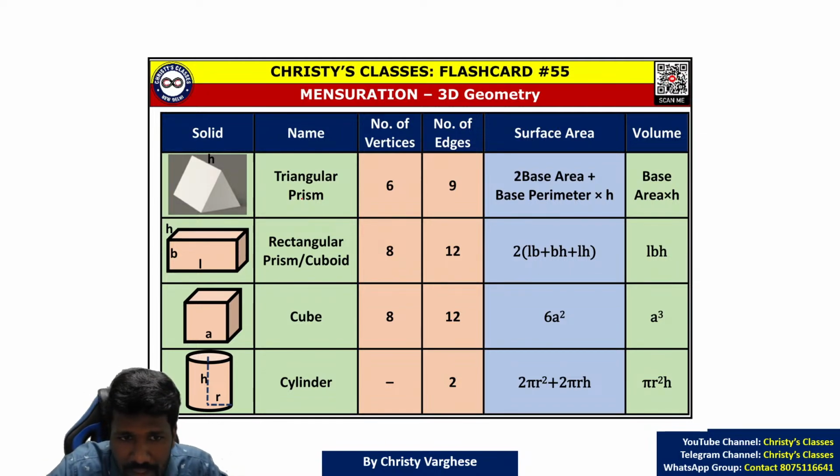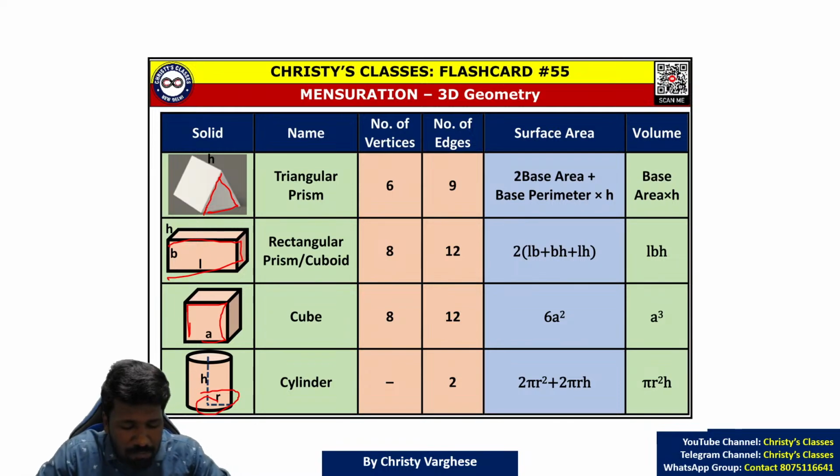The idea of a prism is, for example, a triangle or a rectangle or a square or a circle, identical such shapes are repeated to form a prism. For example, one triangle, over it another similar triangle, another identical one, and many such triangles will form a prism.